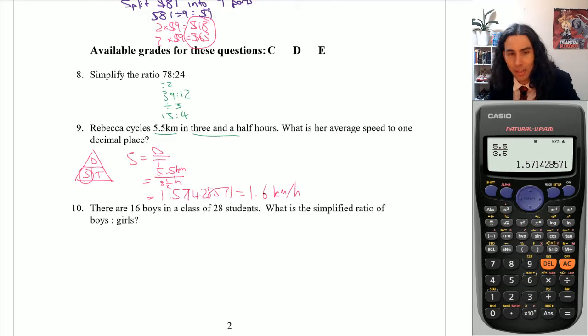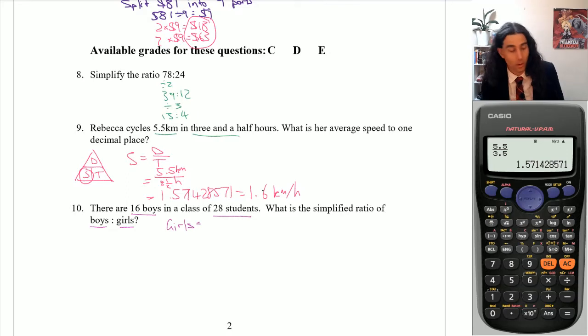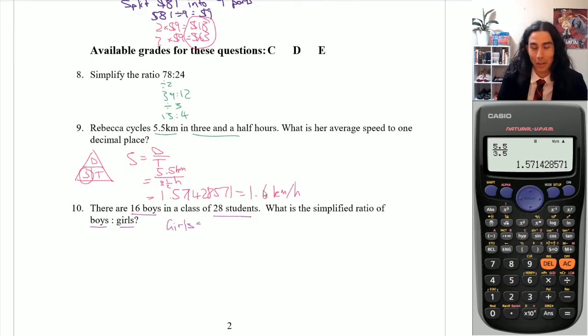All right. 16 boys in a class of 28 students. Man, strange questions are asking this test. 16 boys, 28 students. Simplified ratio of boys to girls. Well, the girls, we're going to assume the class is either boys or girls. It's going to be the girls is the 28 minus the 16. 12 girls.